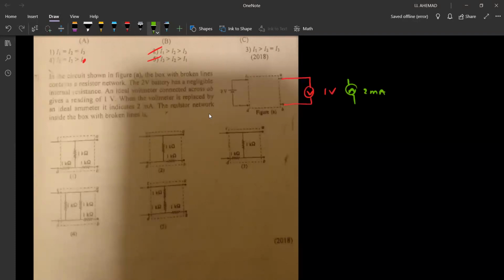The resistor network inside the box with broken lines is what? Let's see how we can deal with this question.